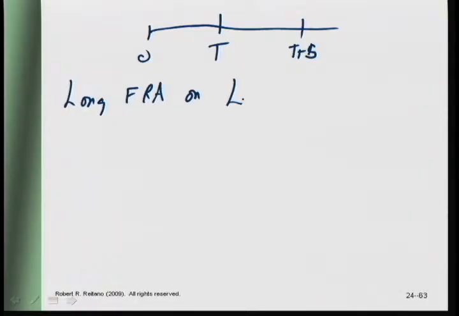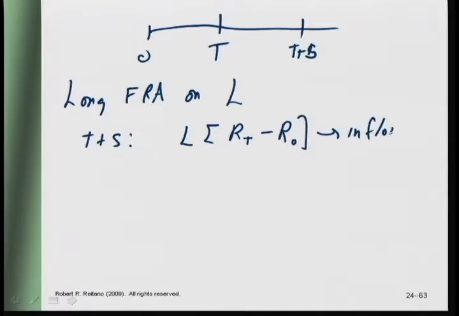And what we know is that at time T+S, we're going to receive or make a payment, depending on the prevailing rates, that's equal to L times the difference between the prevailing rate R_T and the forward rate at time zero. That's going to be a payment, an inflow. It could be an outflow if R_T is low.